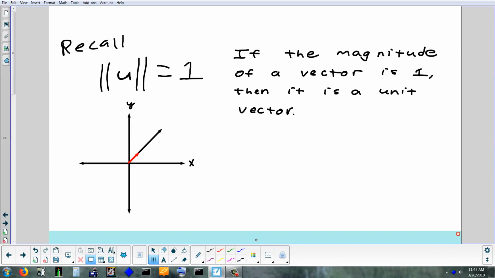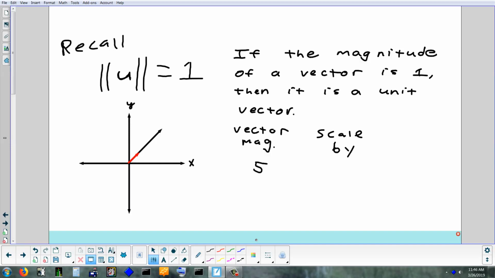All right, let's say we had the magnitude of a vector, and I want to know what to scale it by to force it to become a unit vector. So let's say you had a vector 5 units long. To be a unit vector, how long should it be? 1.